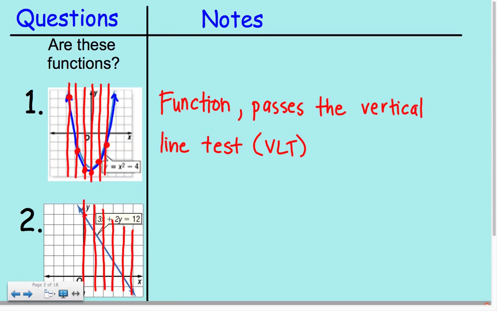This red line crosses the blue line right here, this one here, and this one here, here, here, and here. You'll notice on each of my red lines, I only have 1 dot. 1 dot means it's a function, and the reason is that it passes the VLT.